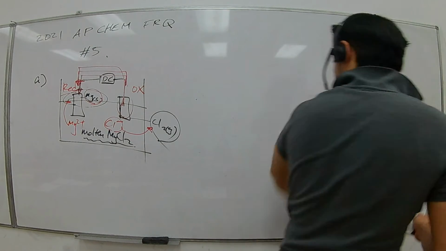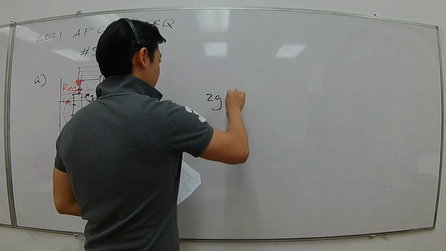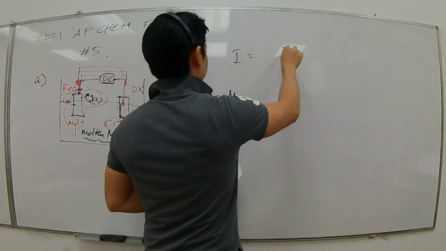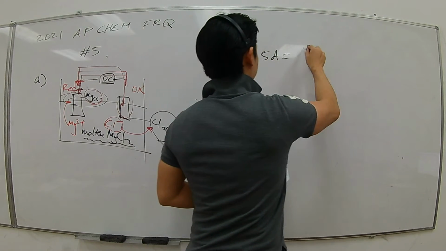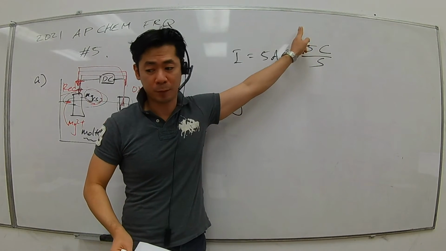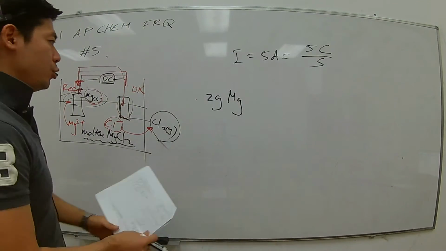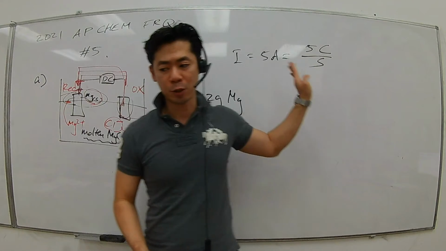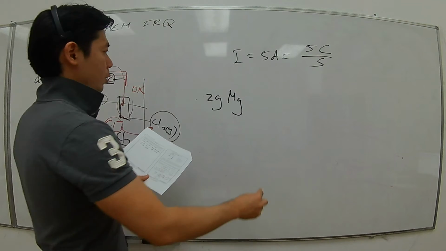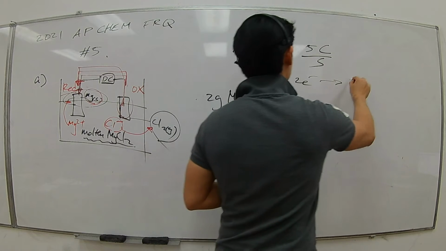They provide that the current is equal to 5 amps. 5 amps is equal to 5 coulombs per second. So they want to produce 2 grams of magnesium, and they want to find out, if I give this much charge per second, how much time it will take. The equation is Mg2+ plus 2 electrons turns into magnesium.